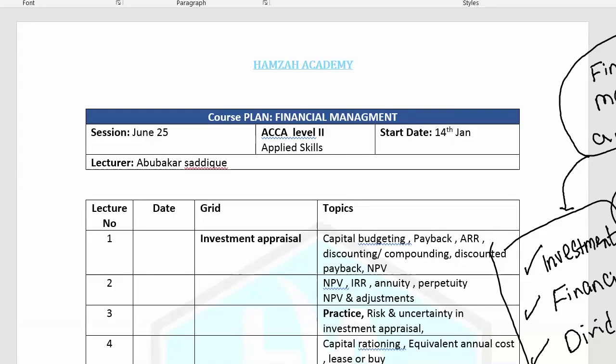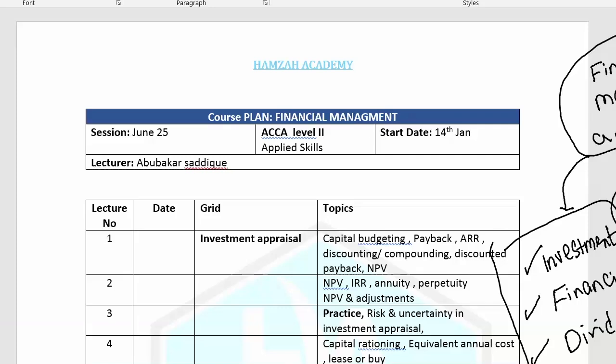And when we take these decisions relating to profit-making entities, the main objective with which we will take the decision will be the maximization of shareholder wealth.